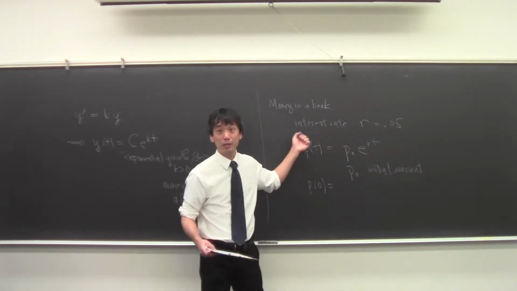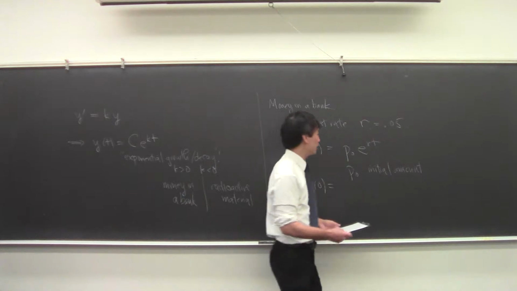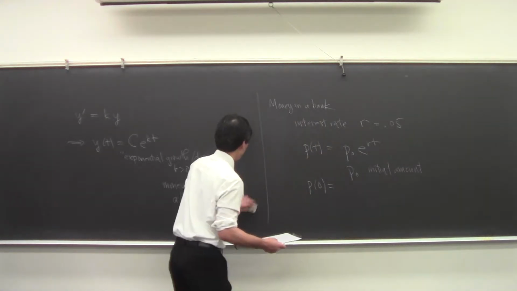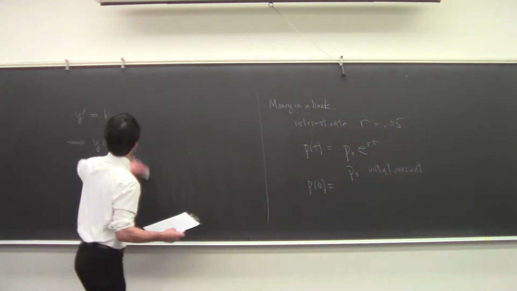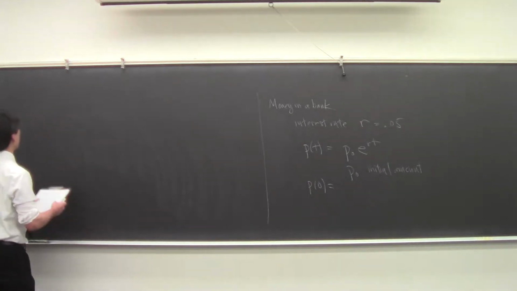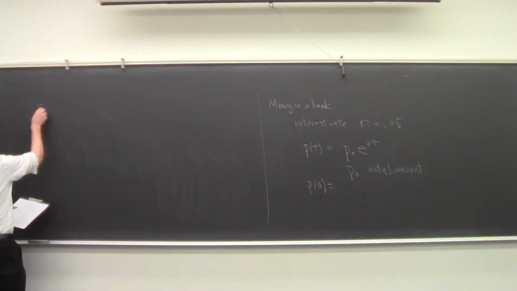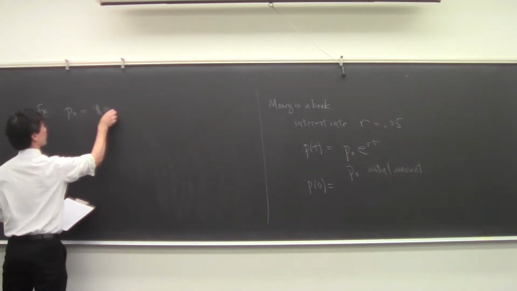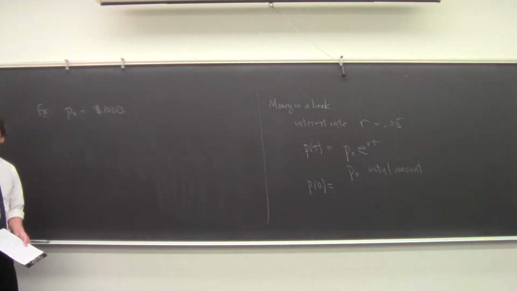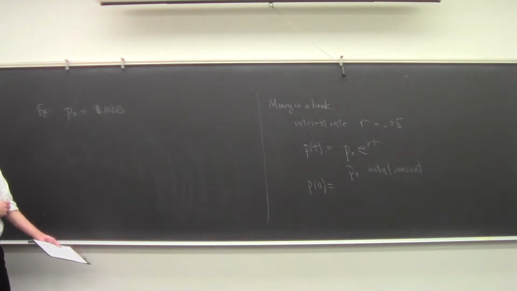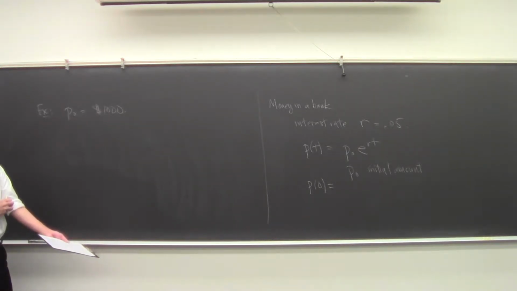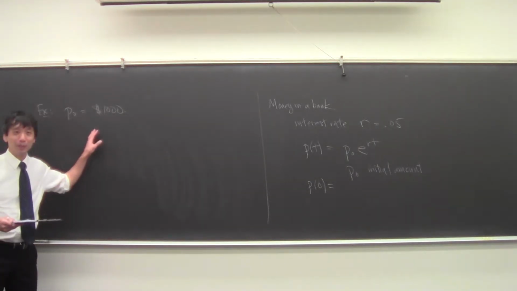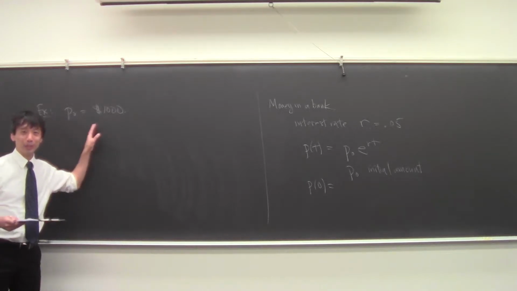So suppose you have $1,000 and there's this bank, and the bank says it's only going to give you 1% interest.